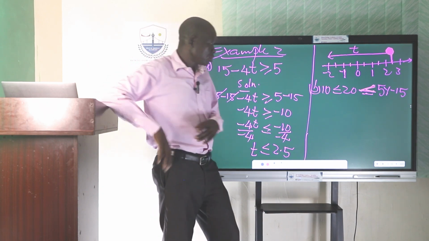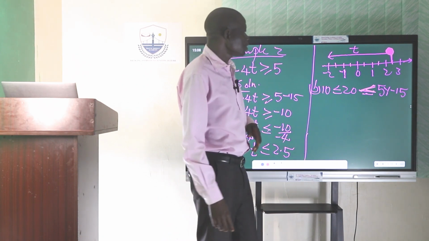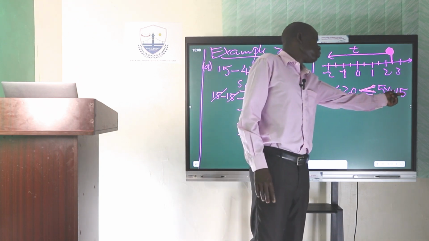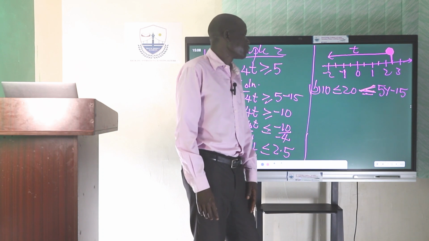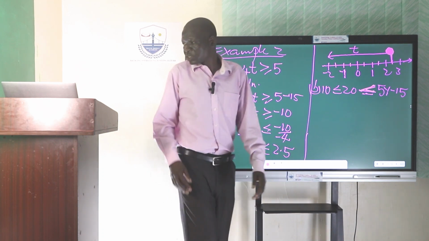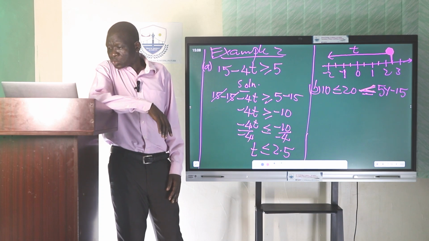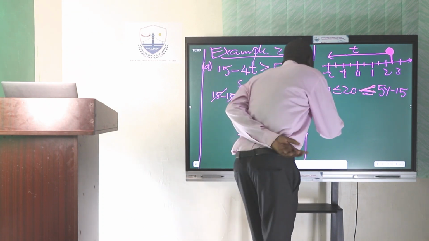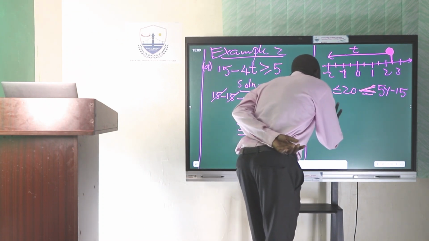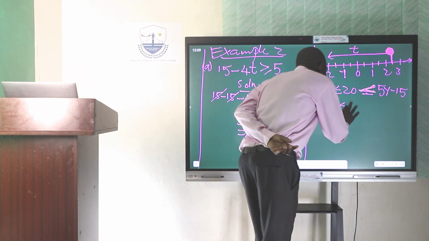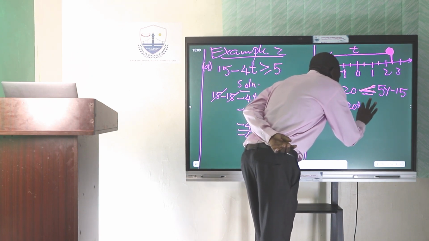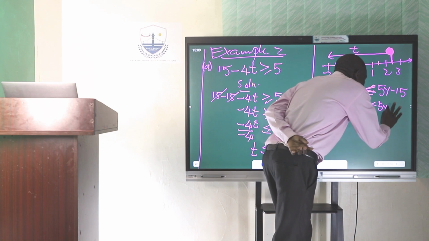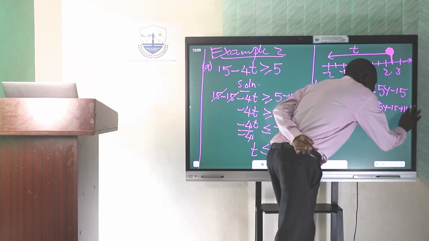Here we do the same. First of all, we shall start by adding the 15 to both sides of the inequality. So when we add the 15 to both sides, we shall have 10 plus 15 is less or equal to 20 plus 15 is less or equal to 5y minus 15 plus 15.